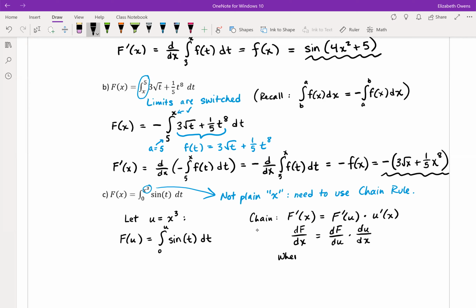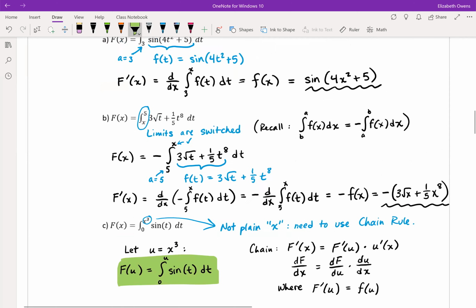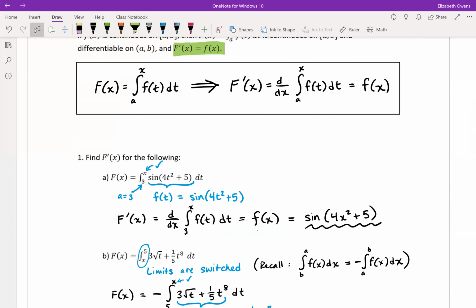And this is where we're working with big F of u equals this expression right here with the integral. And its derivative, now, big F prime of u would equal little f of u, because this function is set up now in terms of our theorem.